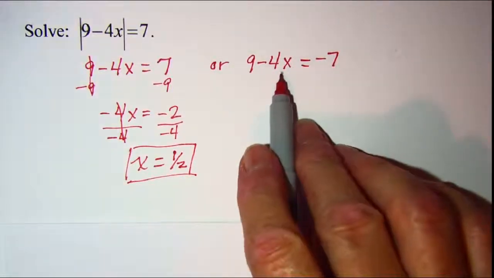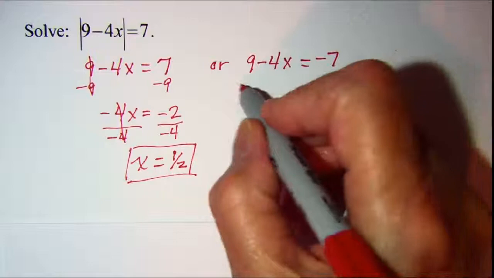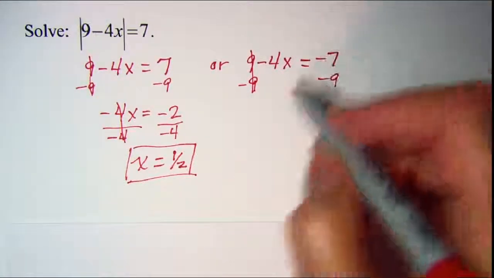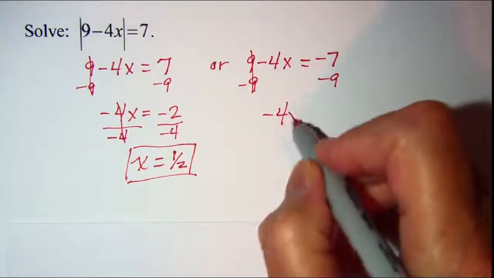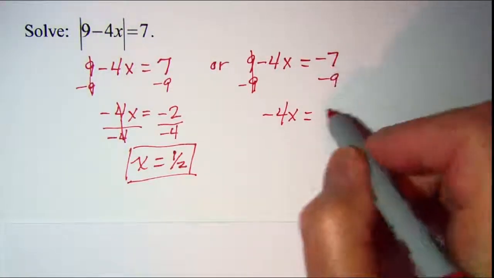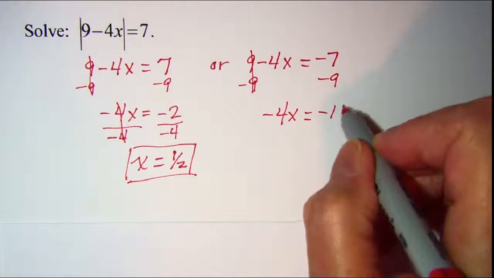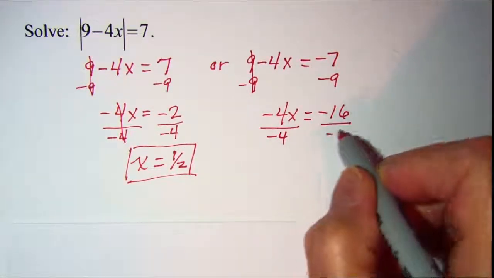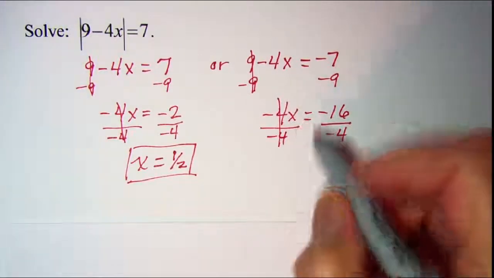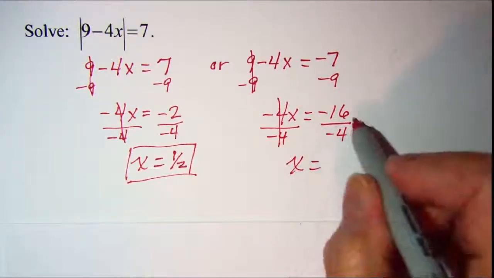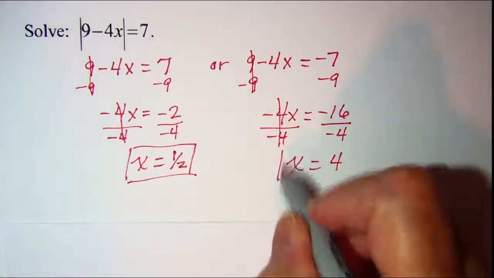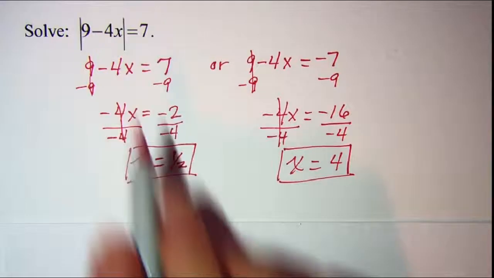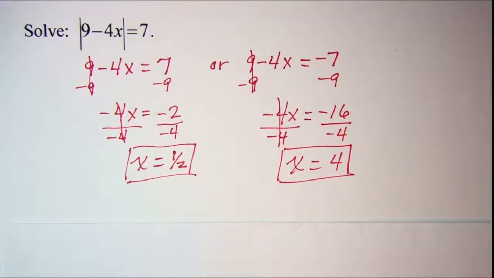On my other equation, I'll subtract 9 from both sides. These will cancel, and I have negative 4x is equal to a negative 16. Divide both sides by negative 4. These will cancel, and x is equal to 4. So we have two solutions for this absolute value equation. Let's do another one.